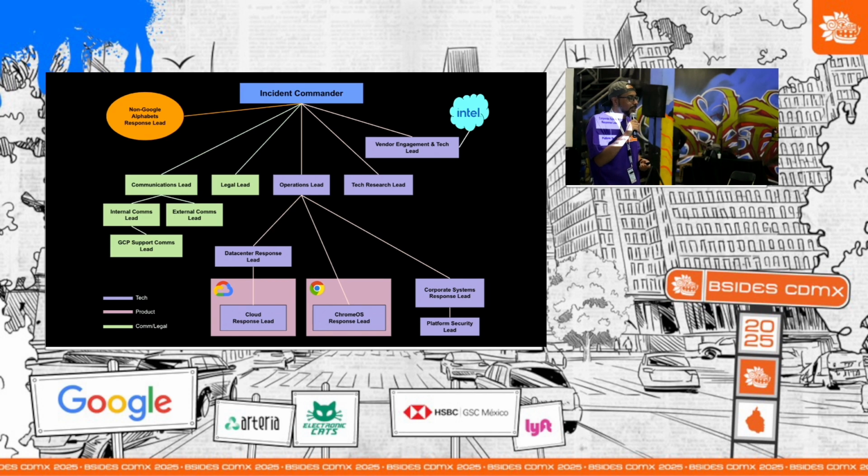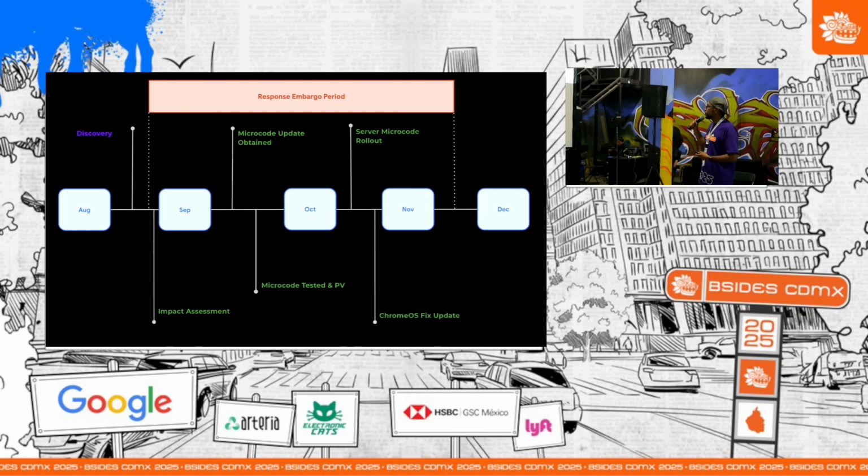For example, there is a self-driving car company called Waymo, which is an Alphabet company, but it's not Google. So the interesting part about this is that the NDA with Intel was directly with Google. So we could only fix the non-Google Alphabet companies with everybody else when the vulnerability was published. But within Google, we fixed everything before publishing.